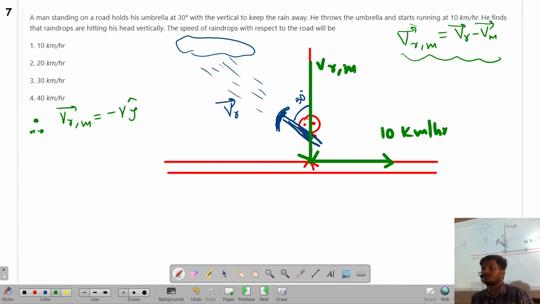I am not aware of how much velocity this is. This is the magnitude of the velocity v, but it is falling towards the negative y axis, therefore minus j cap. What is the velocity of man? It is equal to plus 10 i cap.